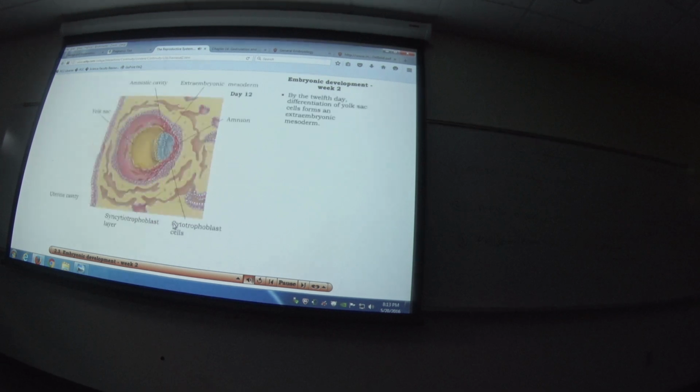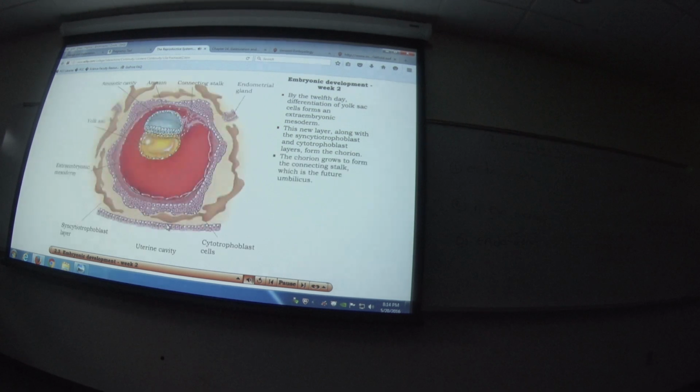By the 12th day, differentiation of yolk sac cells forms an extraembryonic mesoderm. The migrating yolk sac cells, as well as the syncytiotrophoblast and cytotrophoblast layers, form the chorion. The chorion grows to surround the amnion and amniotic fluid and forms the connecting stalk, which is the future umbilicus.